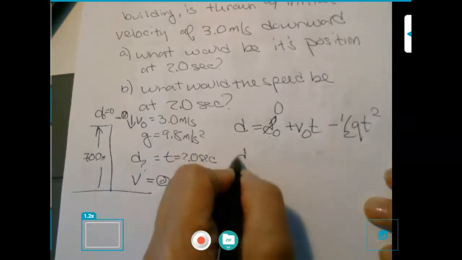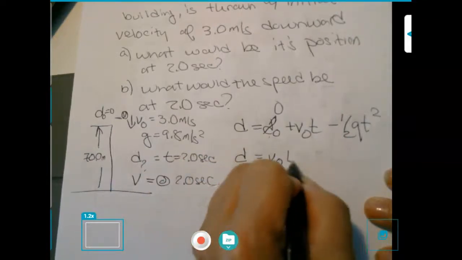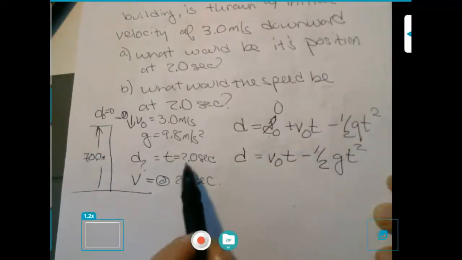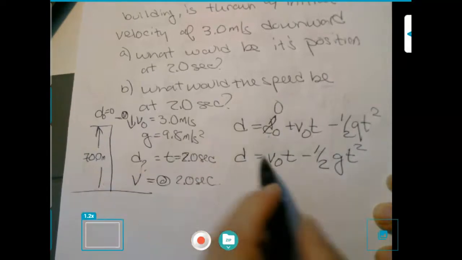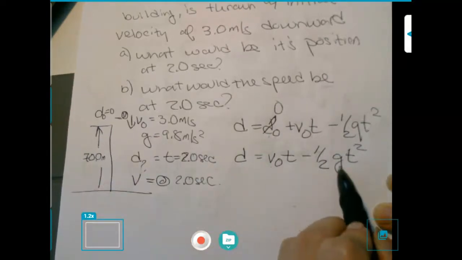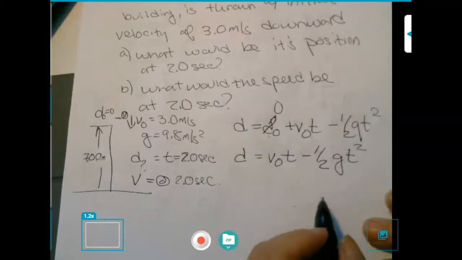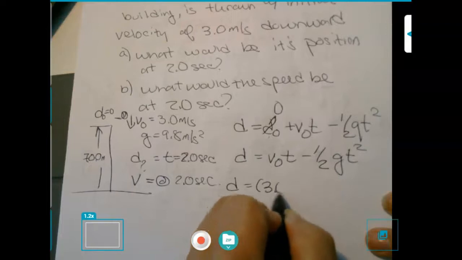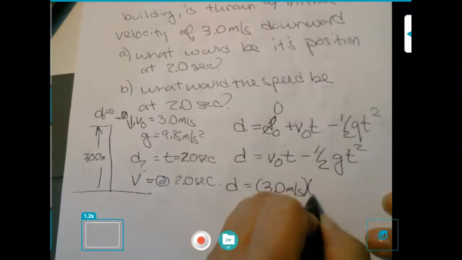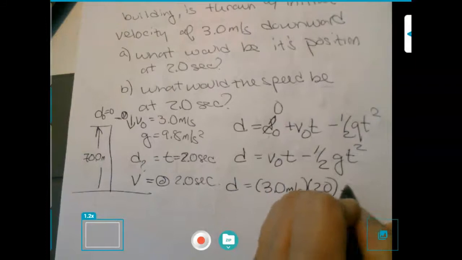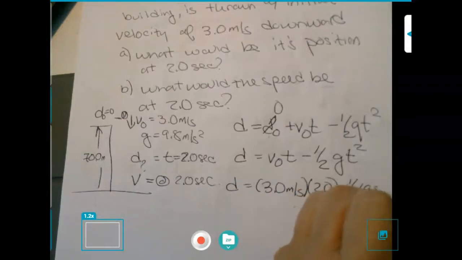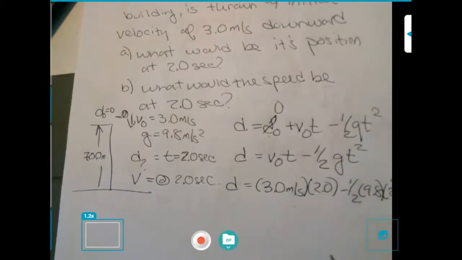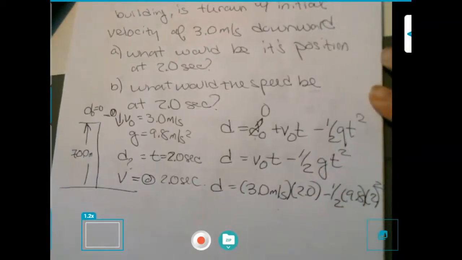So now my equation is d is equal to v0 times t minus 1/2 gt squared. And I have t is 2 seconds, I have my initial v0, and I have my g. So d is going to be the 3 meters per second times the 2 seconds minus 1/2 times 9.8 times 2 squared.